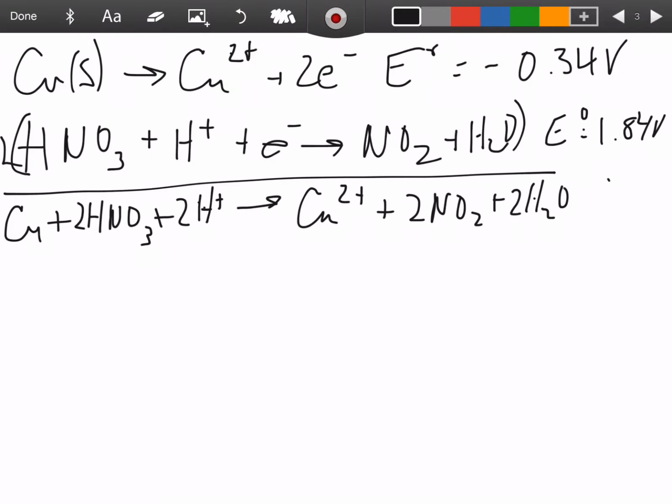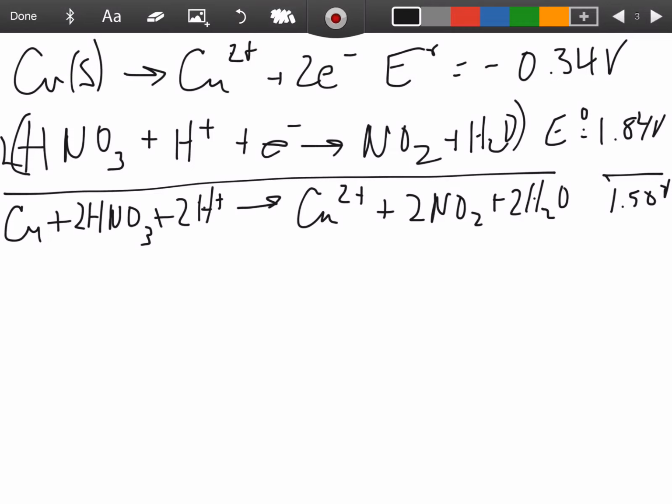And the potential for this, when I add these two things together, is a value of 1.50 volts. You may have recognized that I multiplied that second equation by 2, but I did not multiply the nitric acid potential by 2.